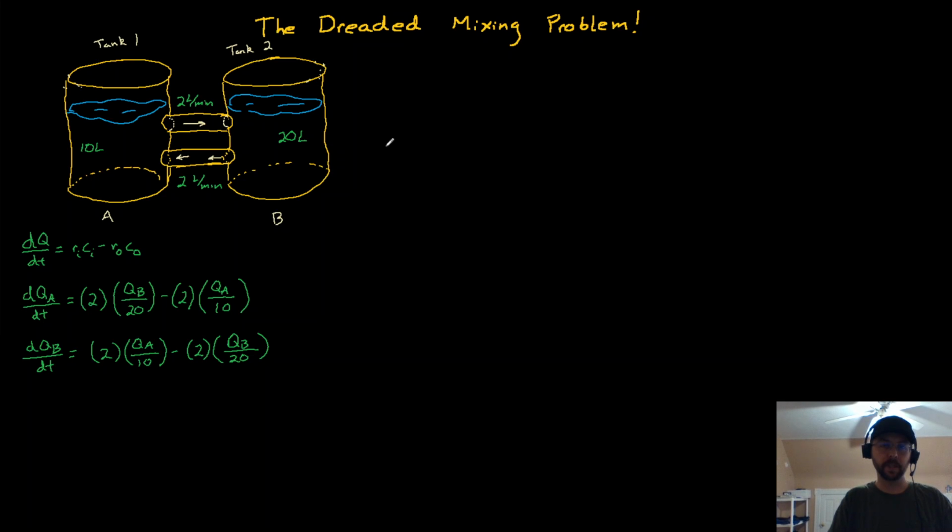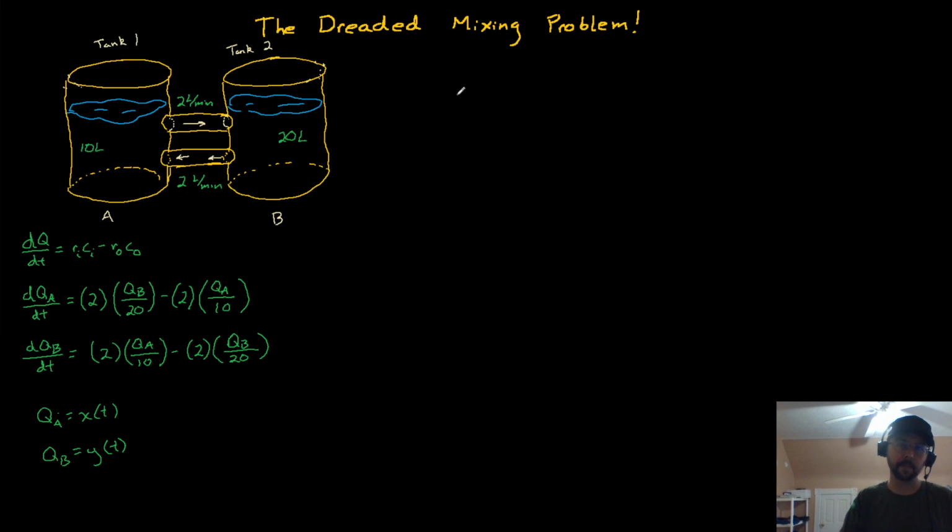So just because it's going to make it simpler for me algebraically, I want to rewrite this so that q of a is going to equal x, and it's technically x of t, but most of the time I'll just write x, and q of b equals y of t. Obviously you don't have to do this, but because I'm used to working in x's and y's, it's just going to make it simpler.